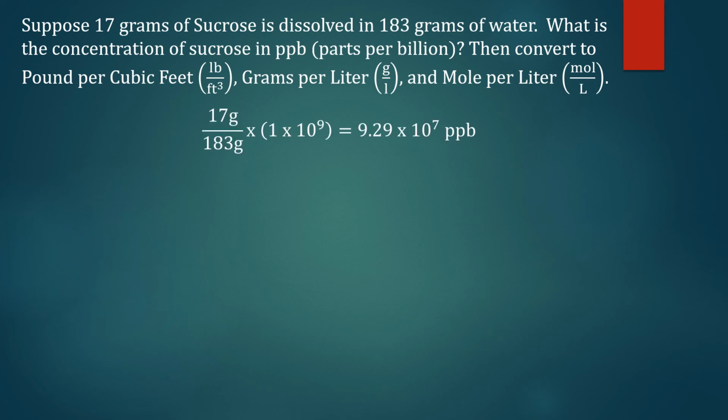Again, you'll just need to divide the grams, or the mass of the solute onto the mass of the solvent, and then instead of multiplying it to a million, or 1 times 10 raised to 6, now we will be multiplying it to a billion, or 1 times 10 raised to 9.